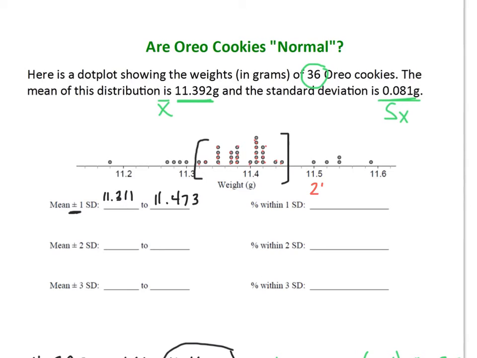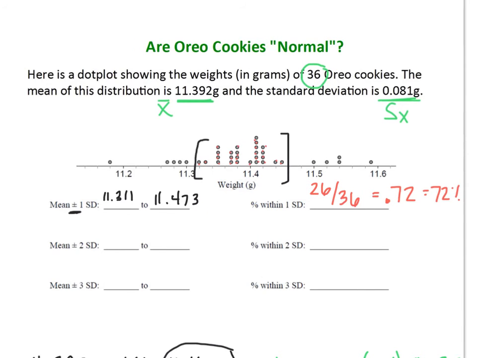So 26 out of my 36 dots would give me 0.72 or 72%. So 72% of my data is within one standard deviation of my mean.